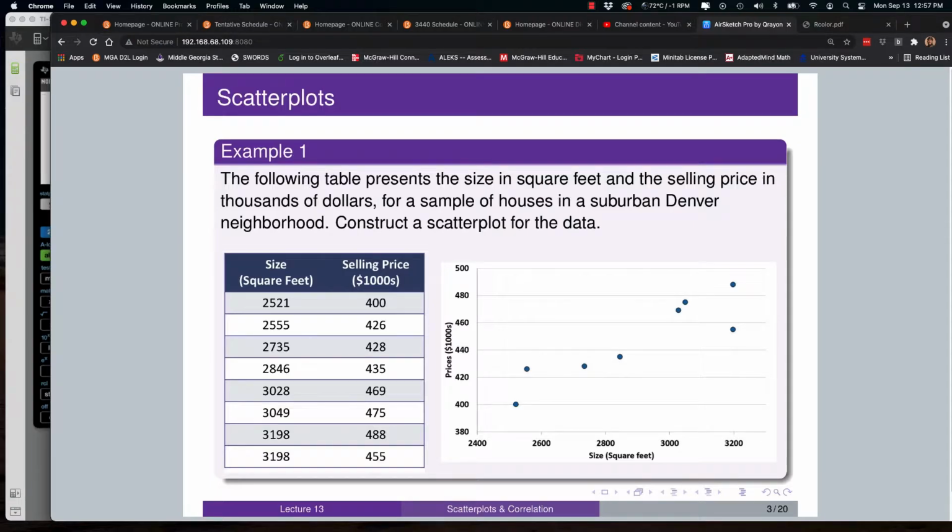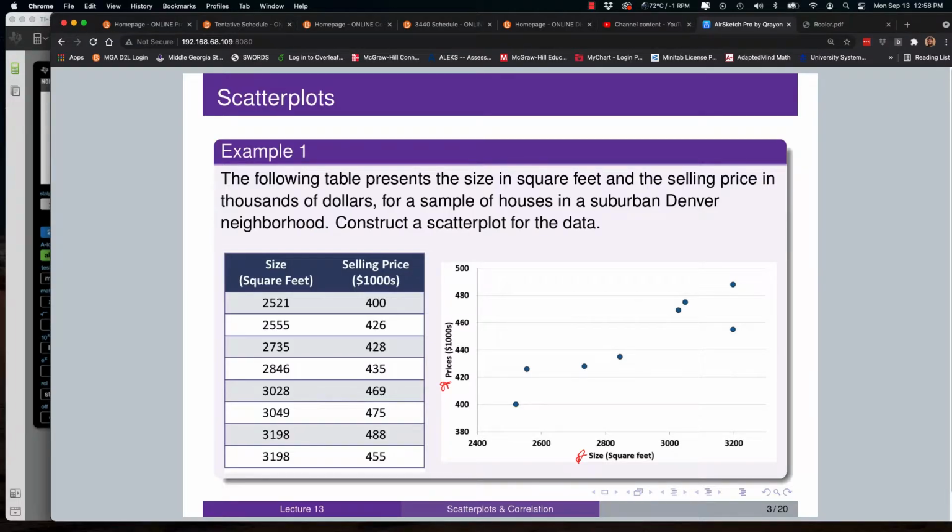In example 1, the following table presents the size in square feet and the selling price in thousands of dollars for a sample of 8 houses in a suburban Denver neighborhood. I've constructed a scatter plot for this data. We're not going to do these by hand, obviously, but you can see on the x-axis I've got the sizes in square feet, and on the y-axis I've got the prices.